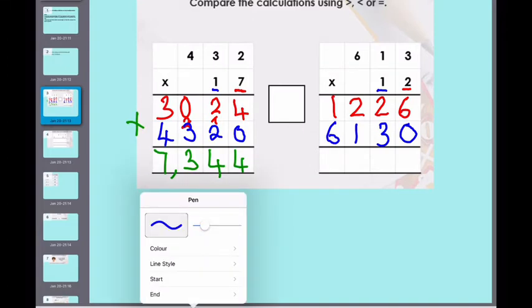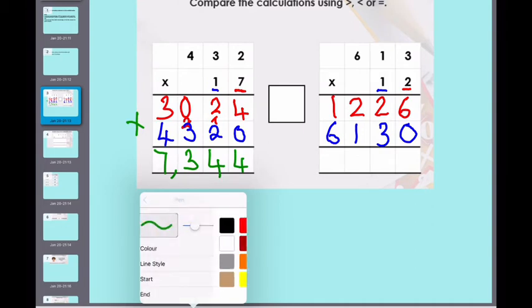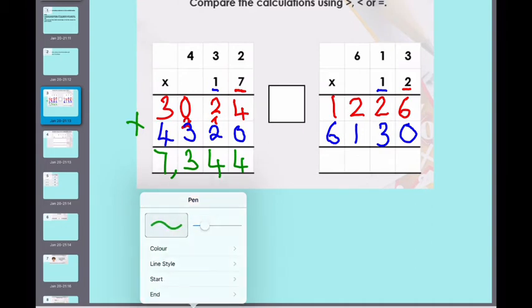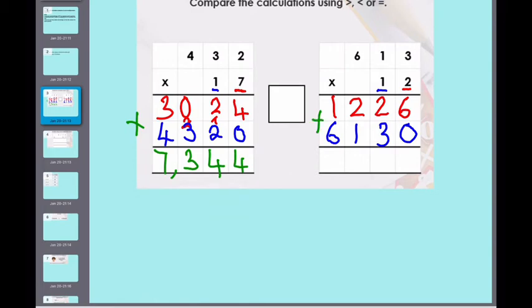What do I need to do next? You've guessed it, we need to add those now together. So 6 add 0 is 6, 2 add 3 is 5, 2 add 1 is 3, and 1 add 6 is 7.